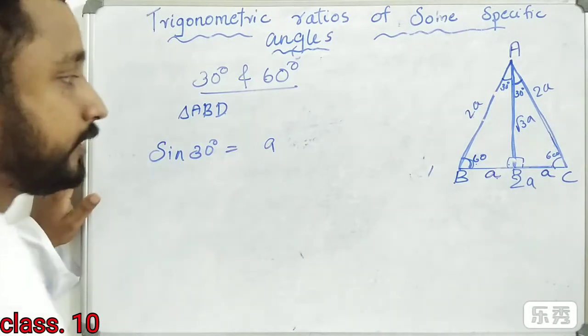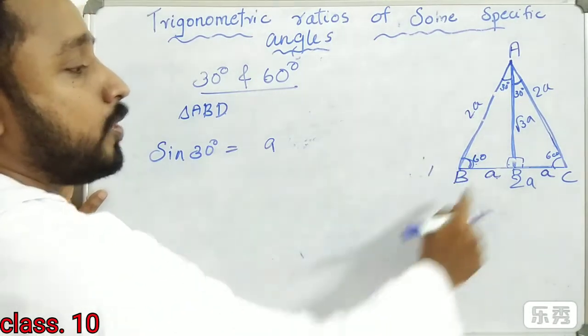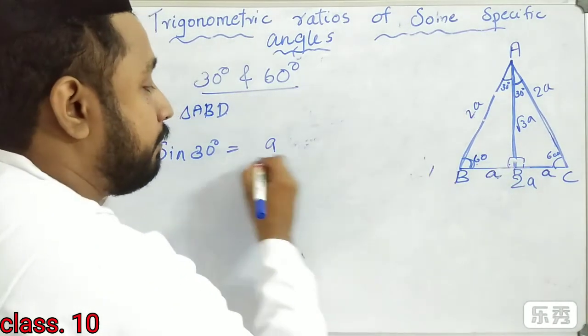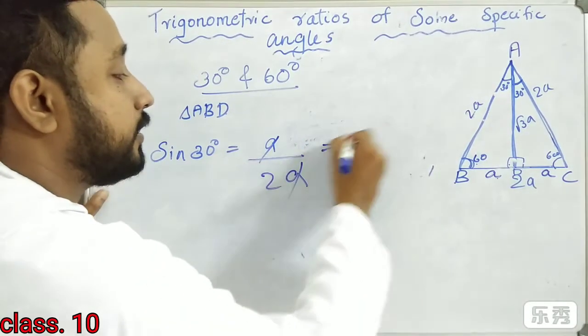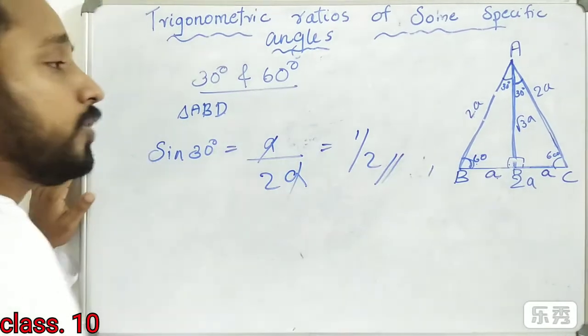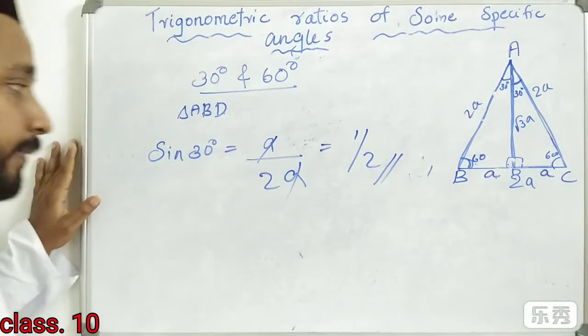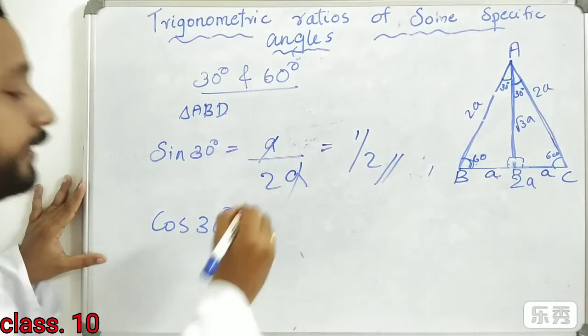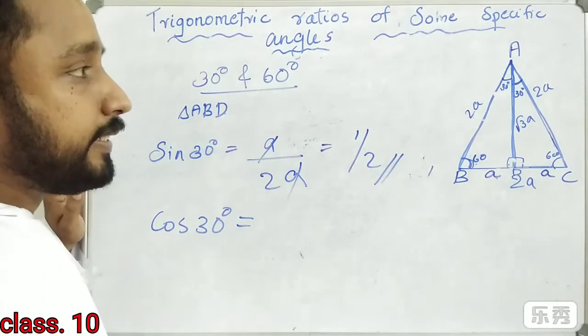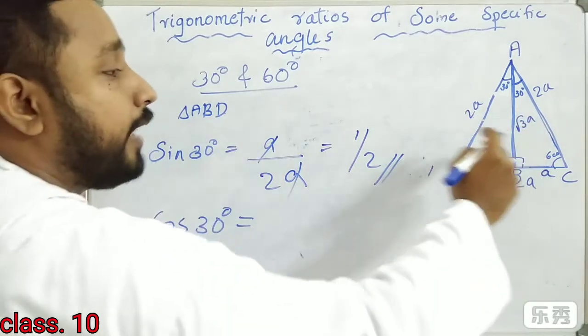So sin 30 degree is equal to opposite side by hypotenuse. Opposite side means A, by hypotenuse 2A. We can cut A and A, answer is 1 by 2. So sin 30 degree is equal to 1 by 2. Cos 30 degree is equal to adjacent side by hypotenuse.